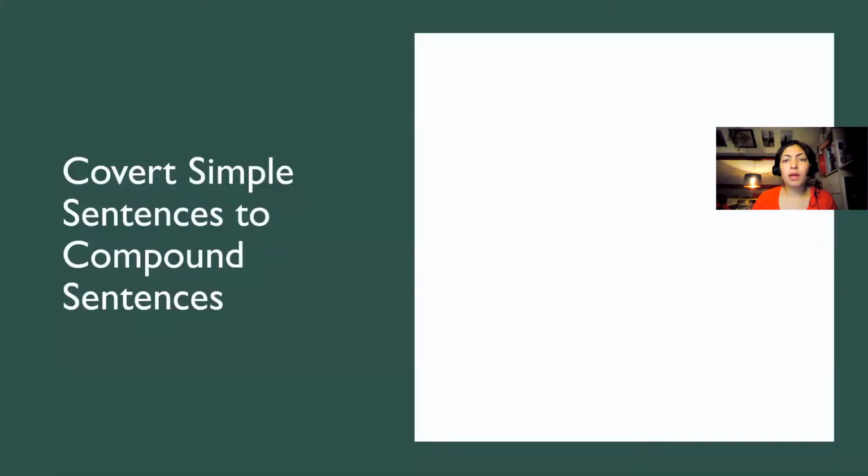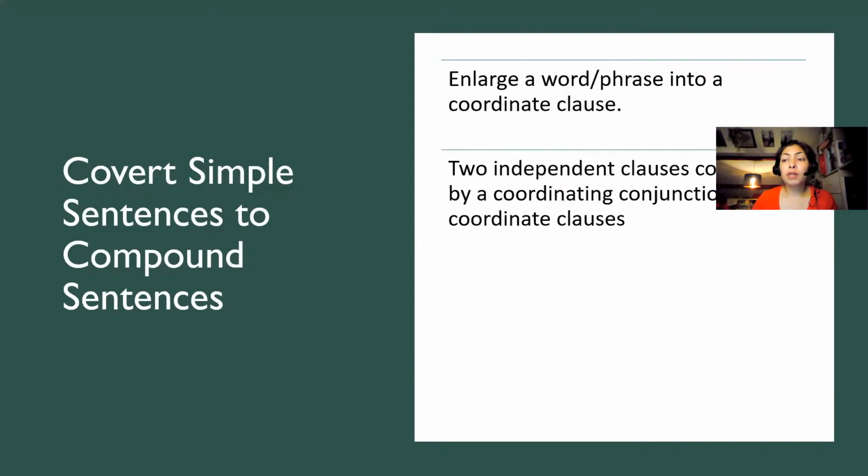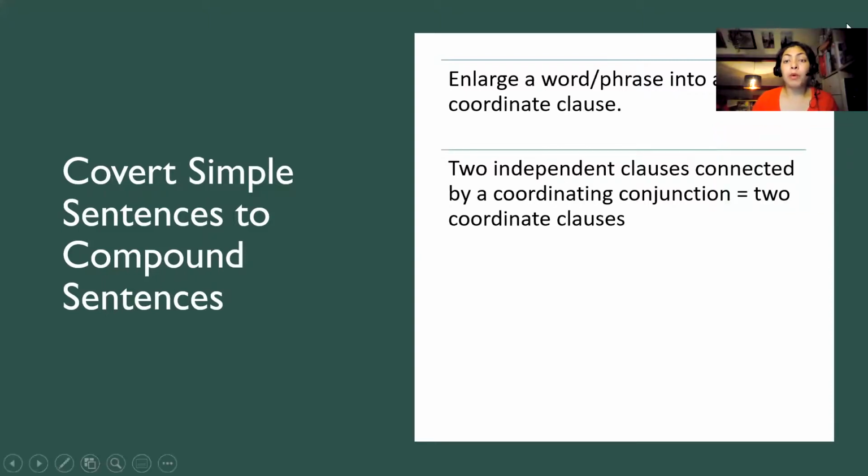All right, so the simple formula to convert a simple sentence to a compound sentence: you need to enlarge a word or a phrase like to catch, besides, into a coordinate clause. So what is a coordinate clause? Now, when two independent clauses are connected by a coordinating conjunction, it forms two coordinate clauses.